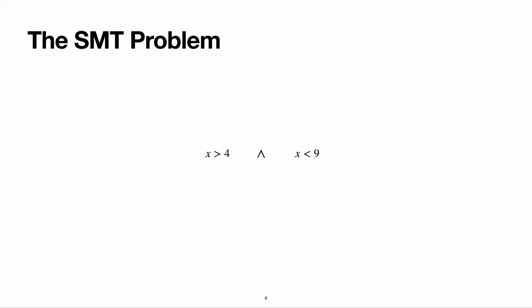Let's now represent this formula in the form of a Boolean expression tree. This formula is satisfiable over the theory of real arithmetic because there exists a satisfying assignment to the variable x, for example 5.4. Let's now add a predicate to this formula.